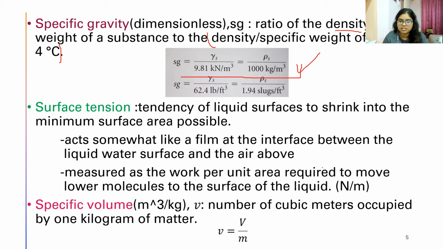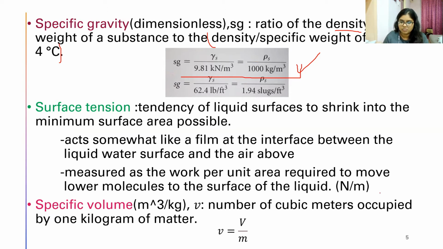Moving on is the surface tension. Surface tension is the tendency of a liquid surface to shrink into the minimum surface area possible. Surface tension acts somewhat like a film at the interface between liquid water and the air above. Surface tension is also measured as the work per unit area required to move lower molecules to the surface of the liquid.